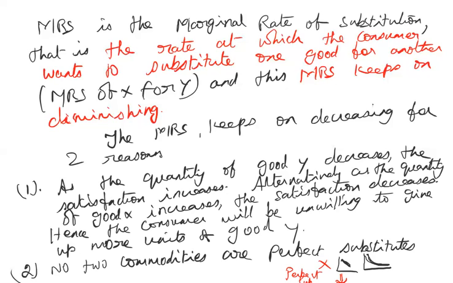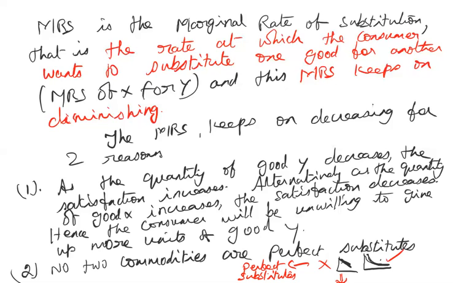But this is not happening. If two commodities are perfect substitutes, then the indifference curve will be a straight line. But this is the shape of the indifference curve, because no two commodities are perfect substitutes.